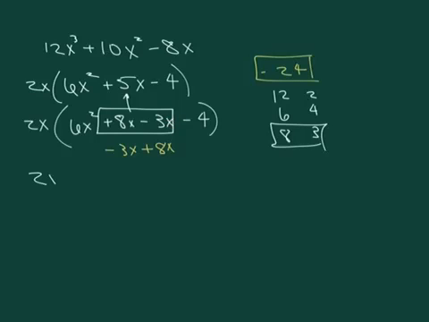So let's do 2x times 6x squared, and I'm going to switch these around so that the plus sign is first. Reason for that is I'm going to do grouping, and when I group I put a parenthesis around the first two and a parenthesis around the second two. Now parentheses and negative signs do not play well together.